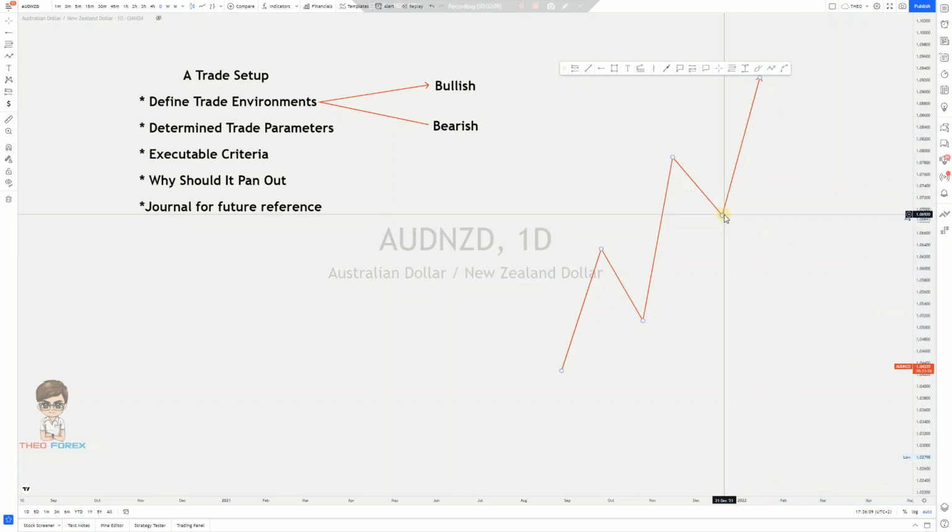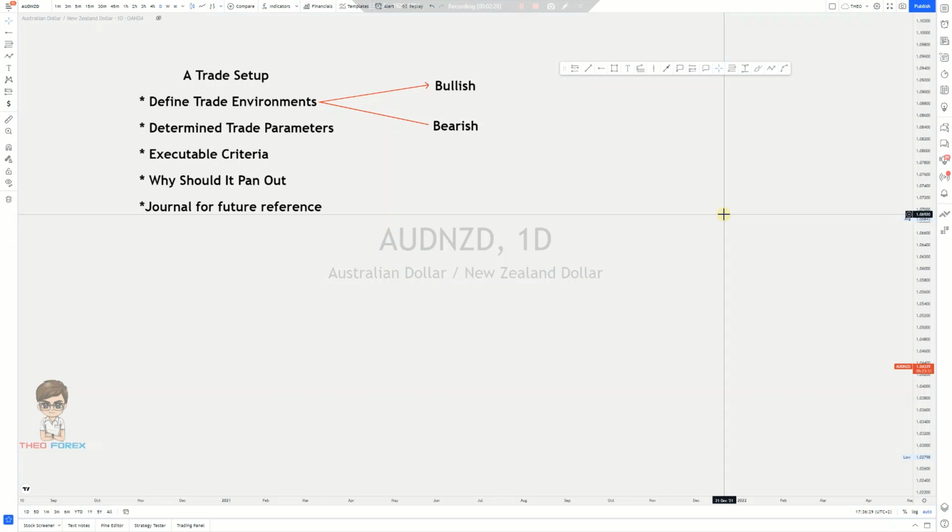So have a defined trade environment. When the market is bullish, you want to understand you're looking for buying opportunities. High probability trades will fall in alignment with buys, and in a bear trend, high probability trades will fall in alignment to the downside.